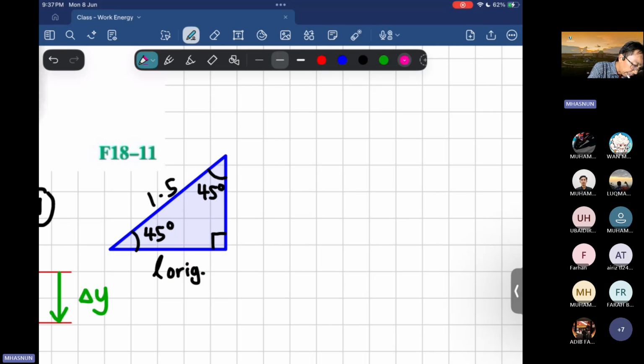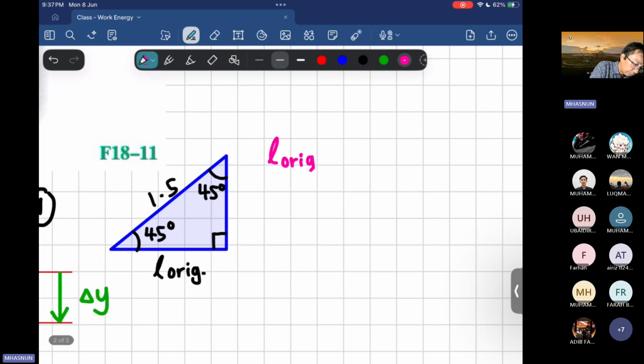So basically L original divided by sine of 45 degrees is equal to 1.5 meter divided by the sine of 90 degrees.